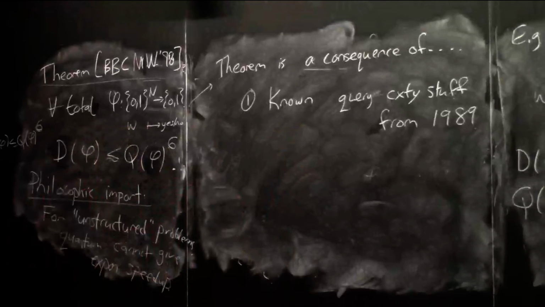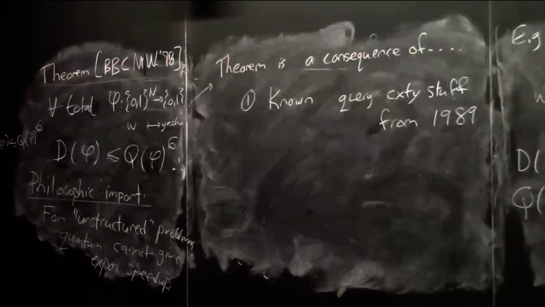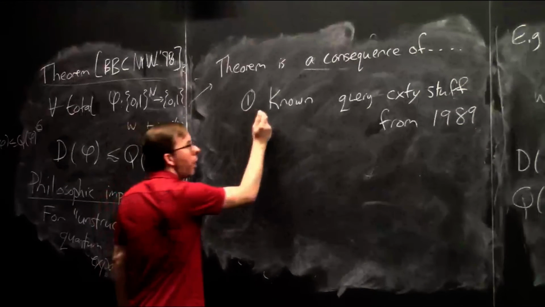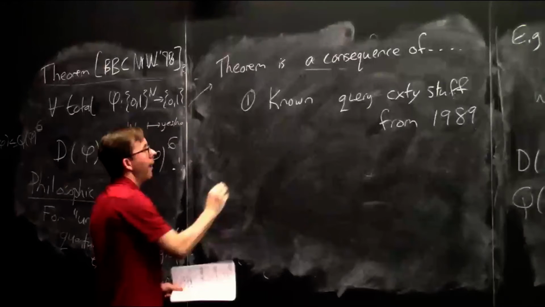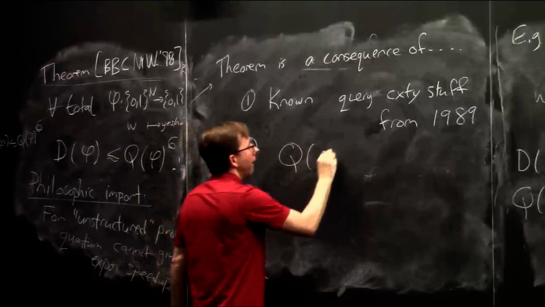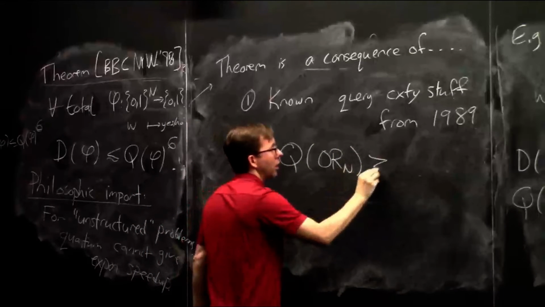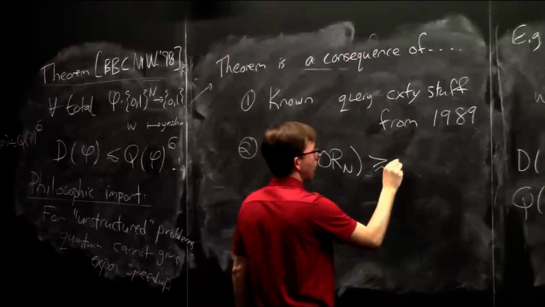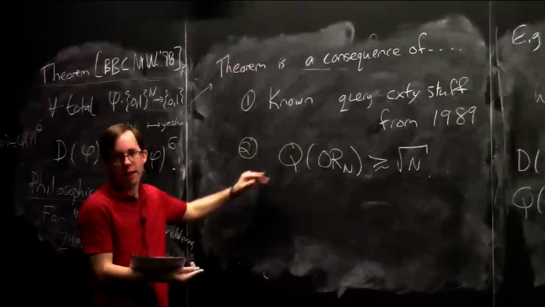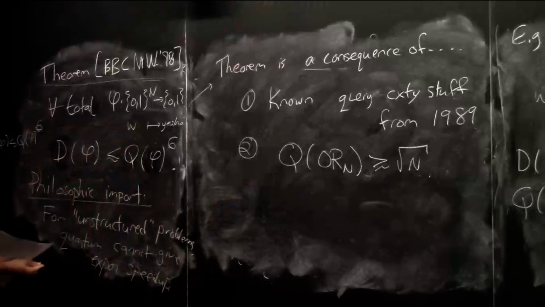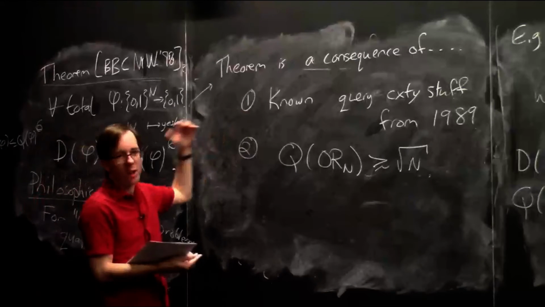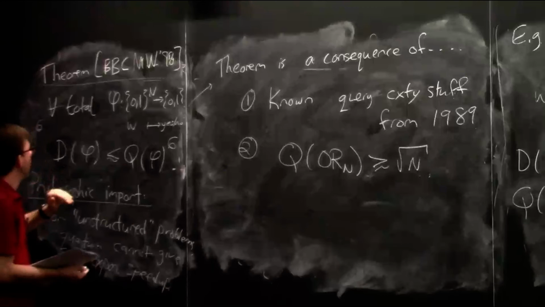So they were studying this query complexity 30 years ago, and they knew a bunch of stuff even back then, nothing to do with quantum. So one moderately sophisticated fact from the olden days, plus the lower bound for Grover, which, as I said, they proved around 96 or so. And again, we'll see this in the next class. So it turns out that once you have this fact and you combine it with known technology from the olden days, you get this result.